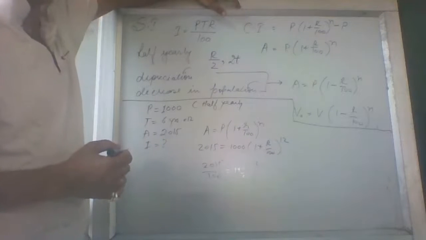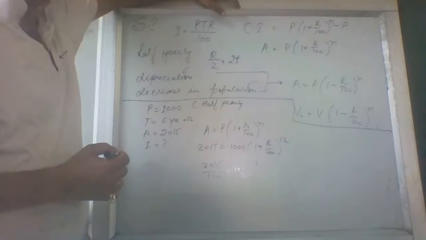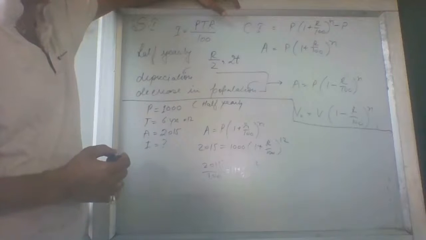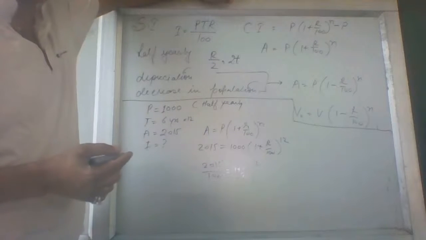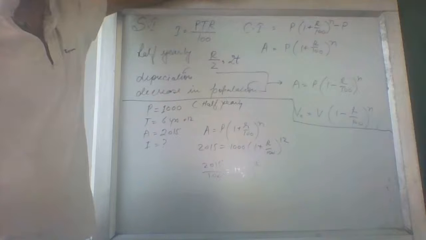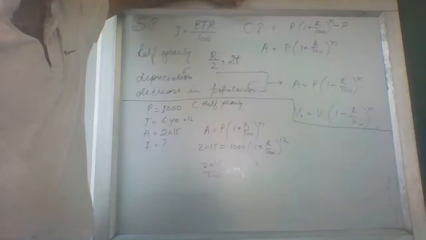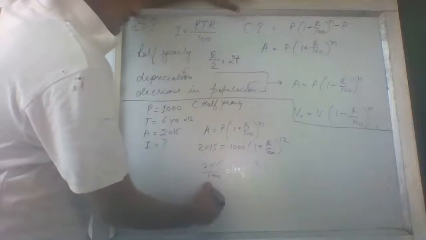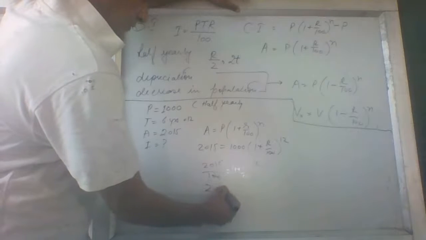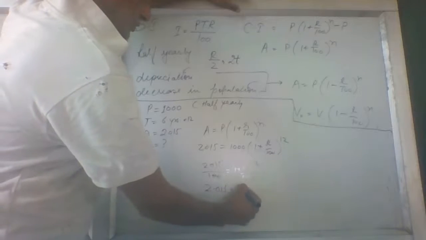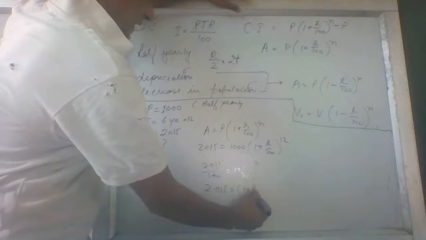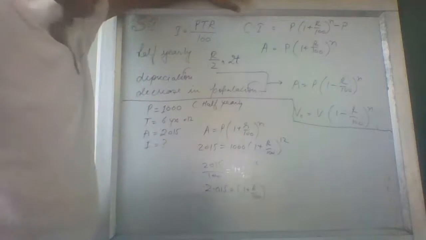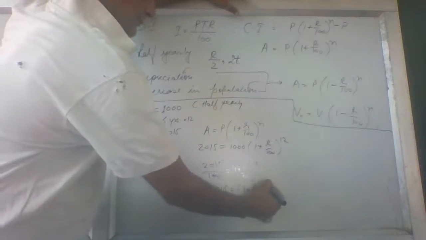For this, what we have to do? That will be equal to some other values like we are going to mention over here. That is equal to 2, 3 zeros are removed. 2.015 is equal to 1 plus r upon 100 to the power 12.